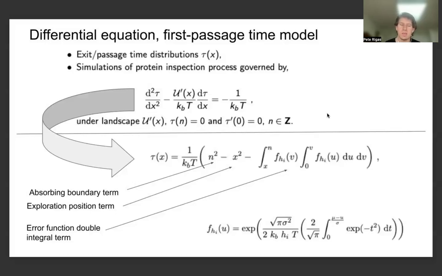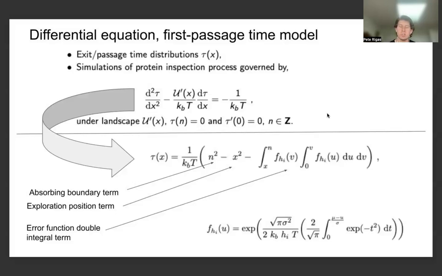And roughly speaking, this approximation takes the form in which we have an absorbing boundary term, an exploration position term, and an error function double integral, where the error function f sub h sub i of u is given by an exponential function.